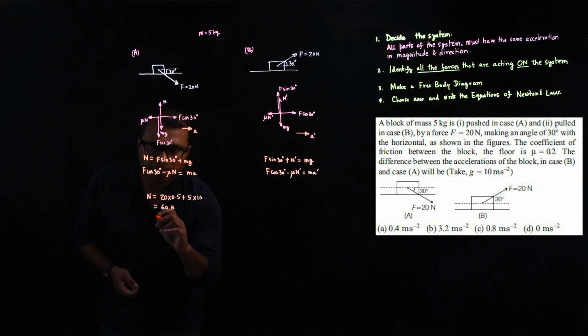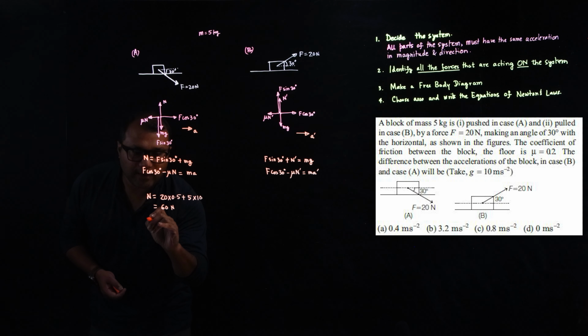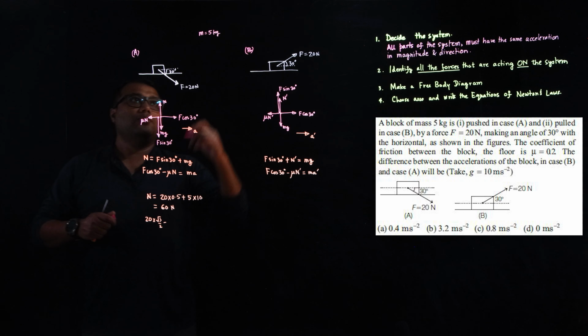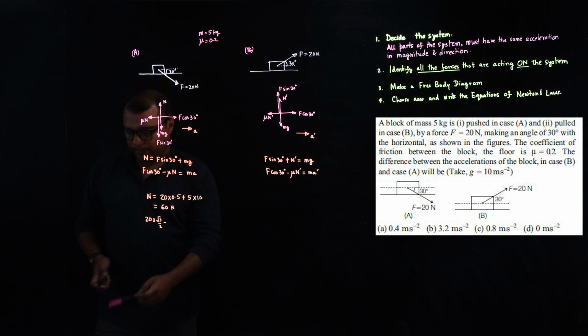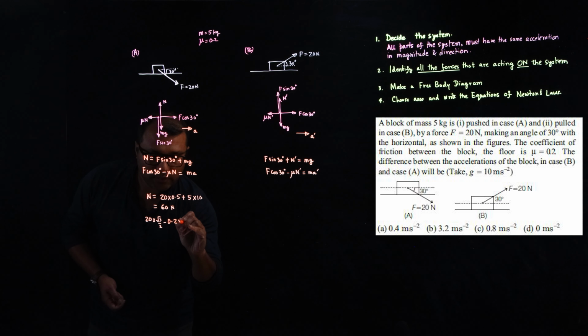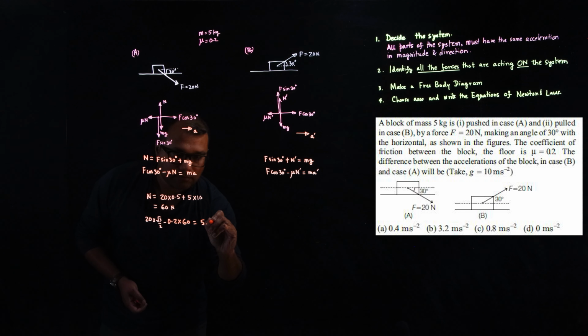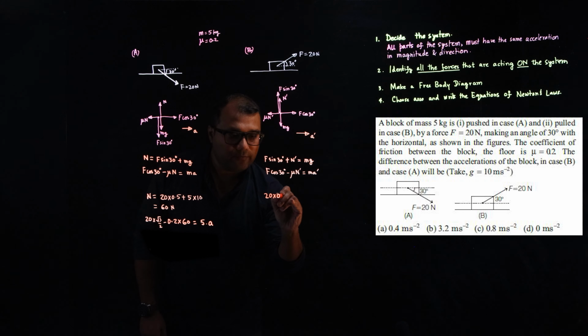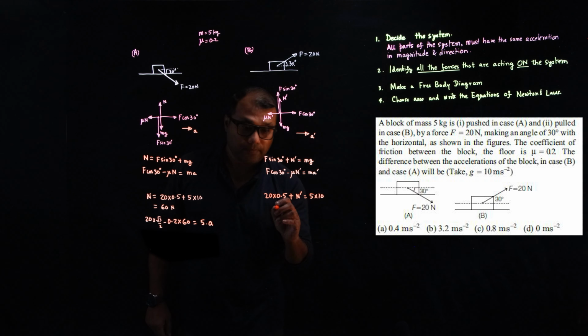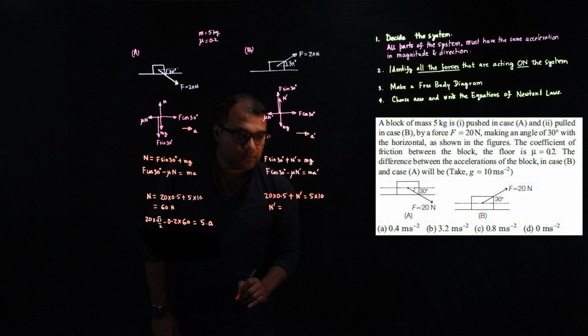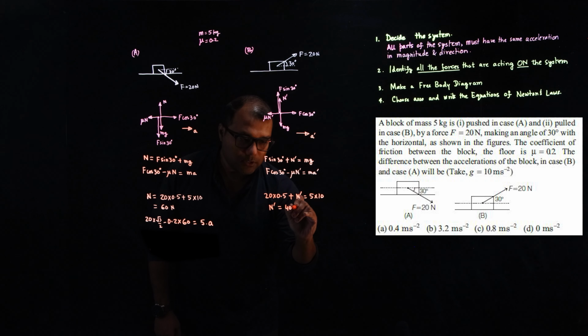Now F cos 30, F is 20 Newton, cos 30 is root 3 by 2, minus mu N. The coefficient of friction mu is 0.2, so 0.2 into N is 60 Newton. So we got this equals m is 5 times a. Here, 20 times 0.5 is sin 30, plus N dashed is 5 times 10. So N dashed is 50 minus 10, which is 40 Newton.